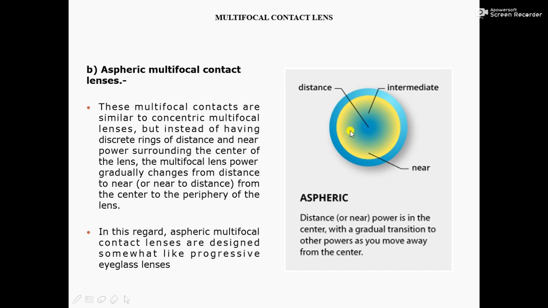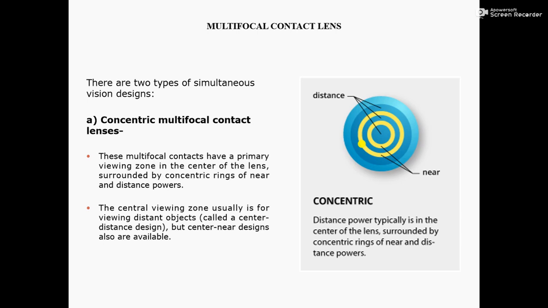So here this part is for distance, this part for intermediate and this part for near. Here no concentric rings like this diagram.